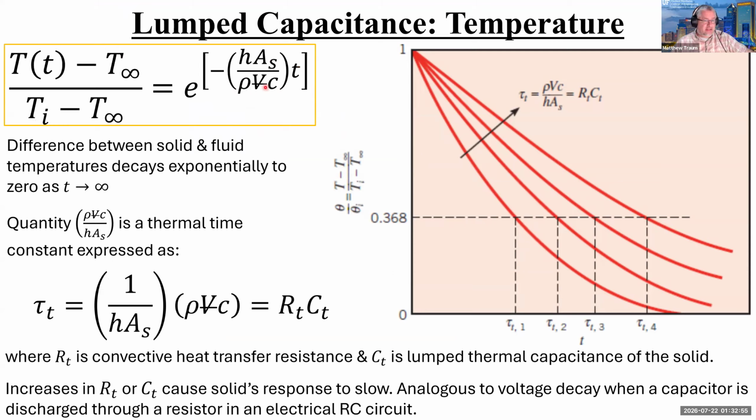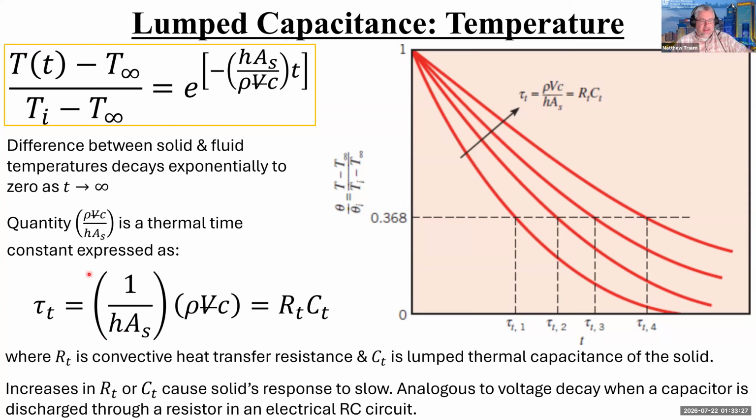The next thing to look at is this exponent, right? And to note that this whole thing can be represented as a thermal time constant. So sometimes it's just represented as tau t instead of all these variables, right? Another way to look at it is if you take 1 over hA and then rho Vc.